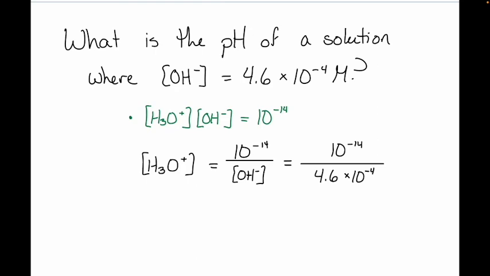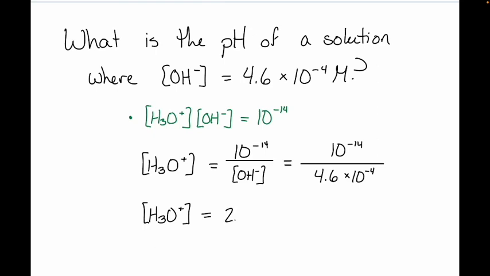All right, so in order to solve this problem, I need to first find my hydronium ion concentration. So I'm going to use that auto-ionization relationship. Solve it for hydronium ion concentration by dividing 10 to the negative 14 by that 4.6 times 10 to the negative 4.